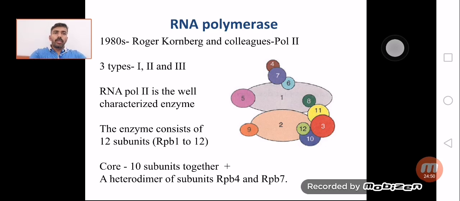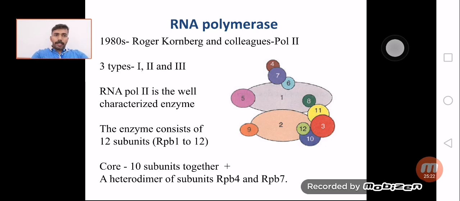Now we are moving into the discussion of the most important element, the RNA polymerase enzyme. In bacteria we have seen certain features of the bacterial RNA polymerase, but in eukaryotes, as we have already seen, there are three different types of RNA polymerases for the different types of RNA molecules: type 1, type 2 and type 3 for rRNA, mRNA and tRNAs respectively.